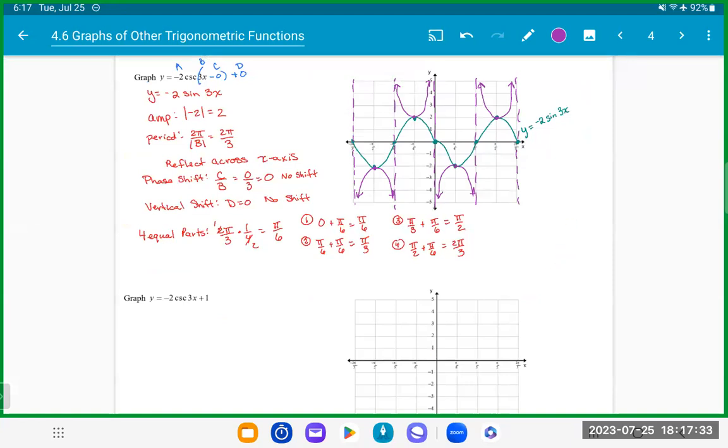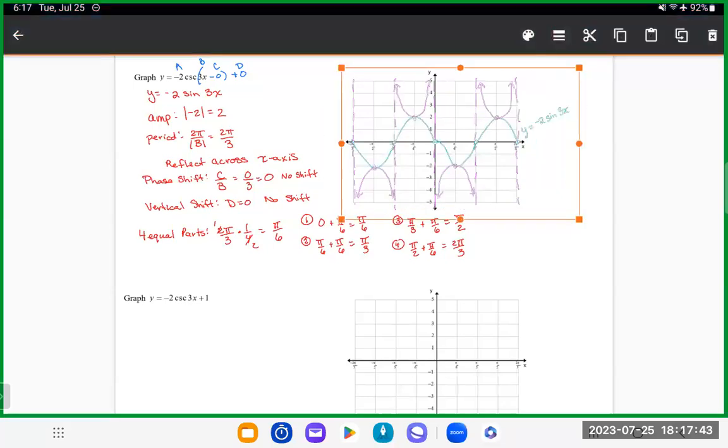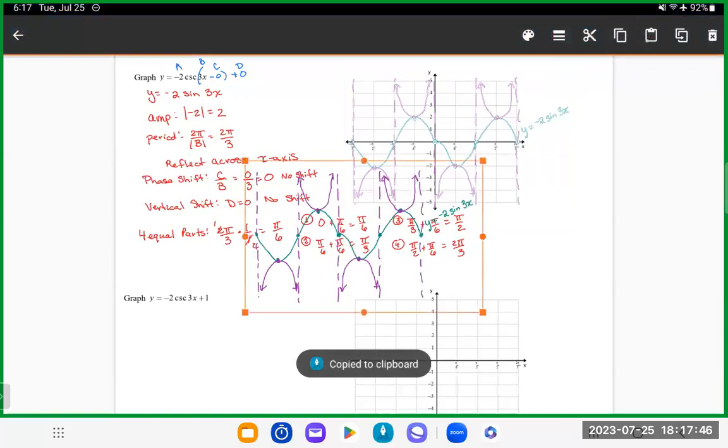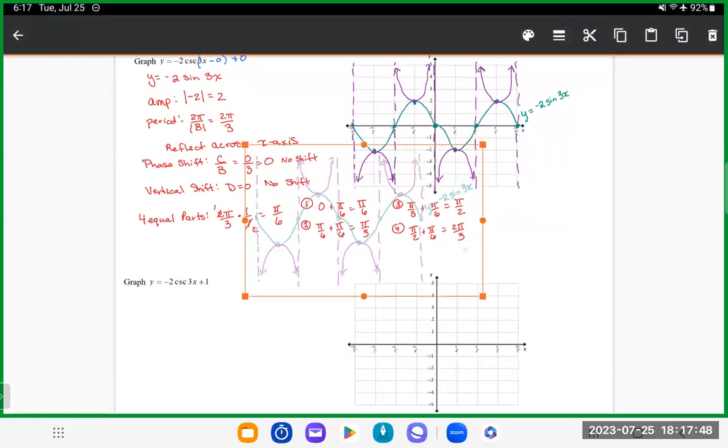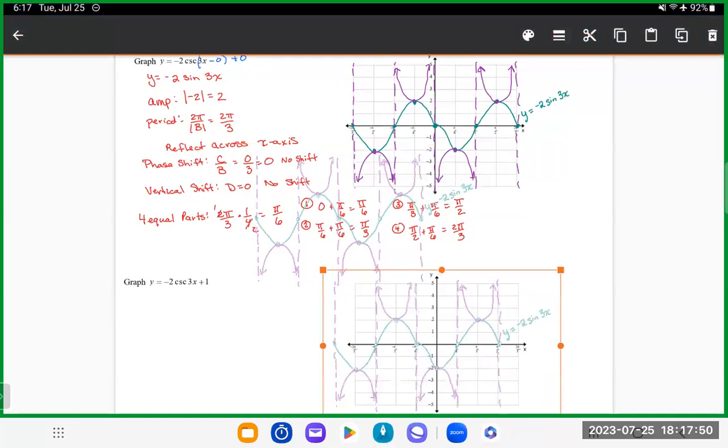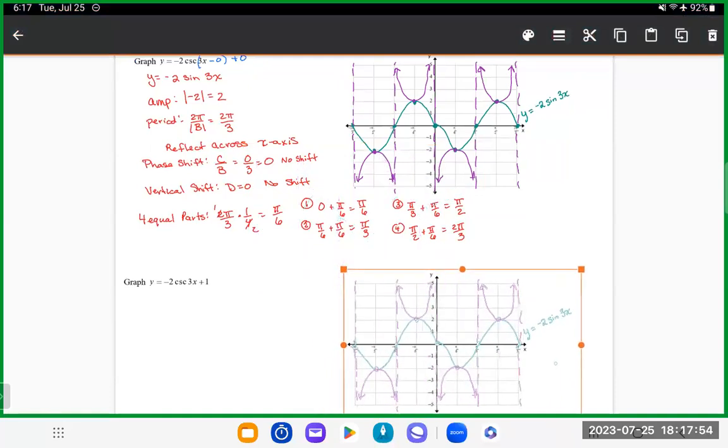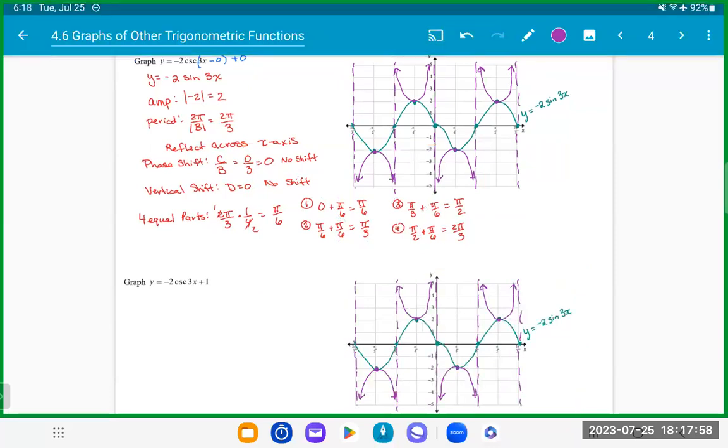Okay, so now you can see that we've added this +1 over here, right? So I'm going to see if I can get this graph to overlay on this one. Okay, so it's the exact same graph here, right?